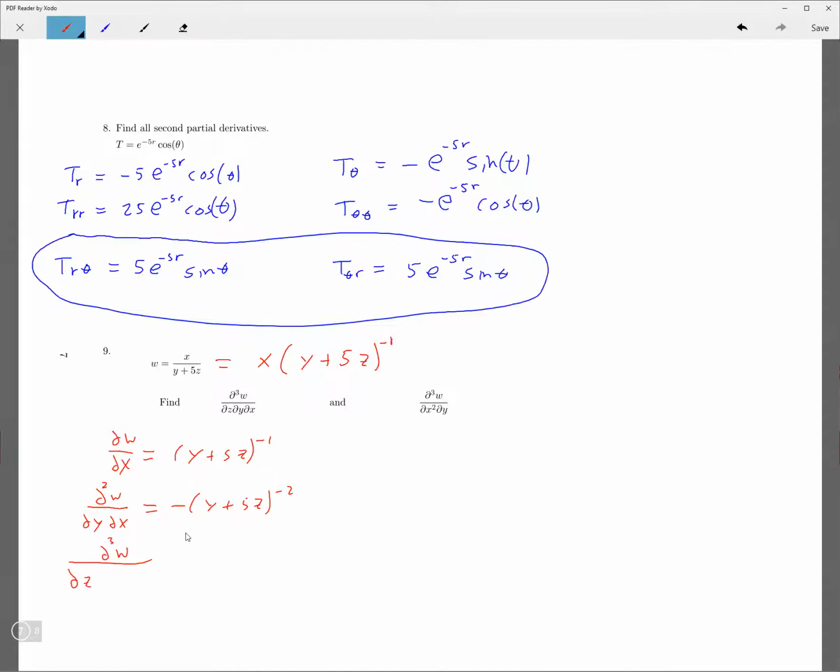And then you take the partial of this result with respect to z. So you have a negative 2 coming out, and you're going to have a 5 come out. So that's going to be 10. And that drops down to the minus 3.